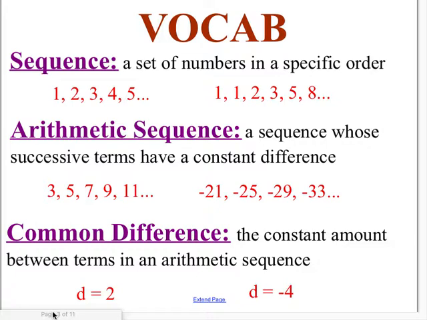So if we're looking at this second one on the left in the middle, 3, 5, 7, 9, 11, we're going up by 2, which if we look at that common difference, that's telling us how to get from term to term, or d is equal to 2, down there at the bottom left. The example in the middle right, negative 21, negative 25, negative 29, negative 33, is going down by 4 every time. So we have that bottom right difference of negative 4.